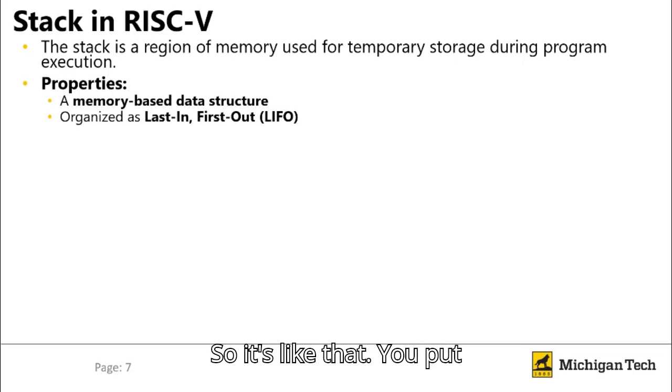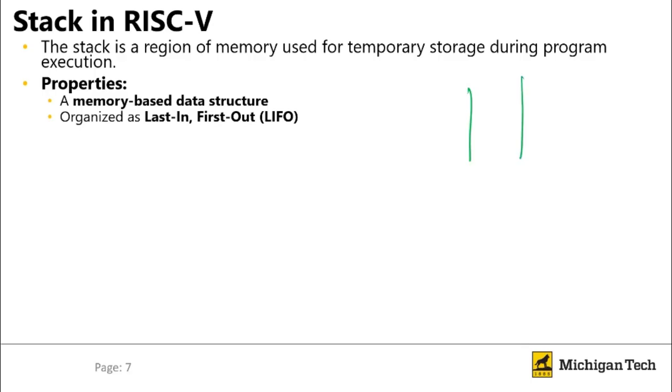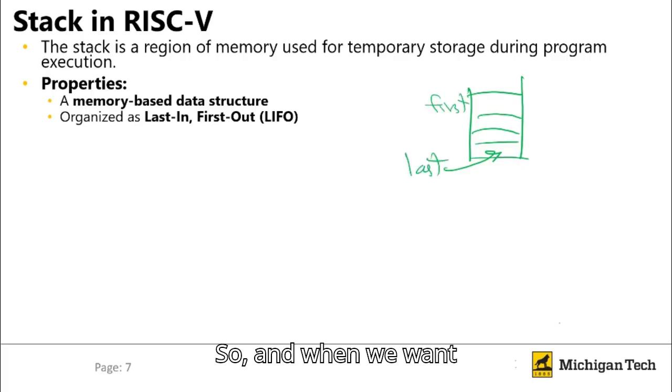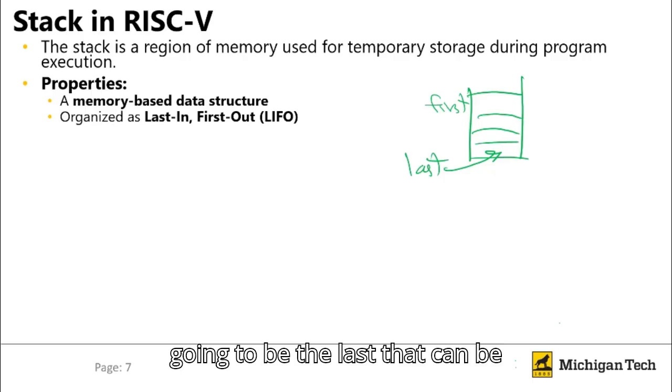So you put something, and the last one is going to be here. When we want to pop something, you need to take from the last. So the first one is going to be the last that can be popped.